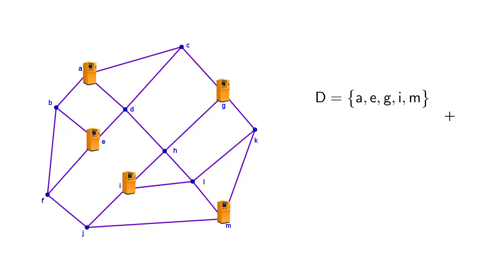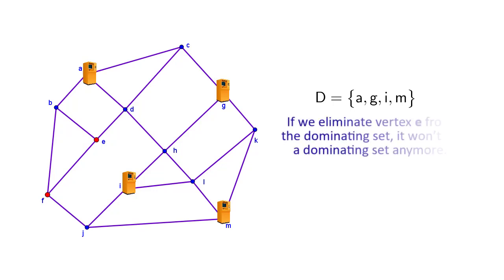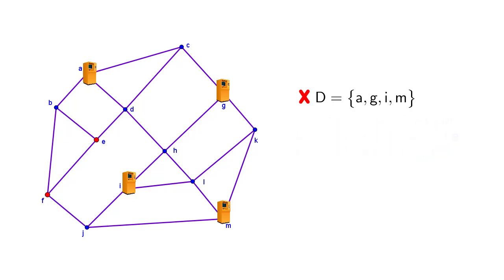Now, in this set, if we eliminate vertex E from the dominating set, it won't be a dominating set anymore, because there are vertices such as E or F, the two red vertices, which are not adjacent to any of the vertices in the set.